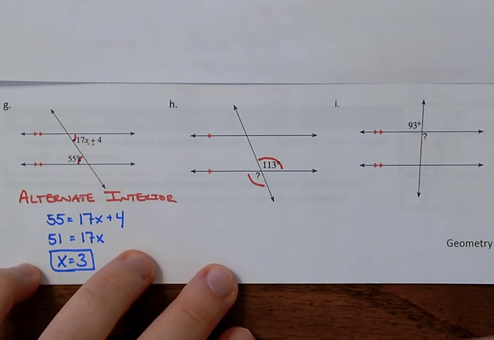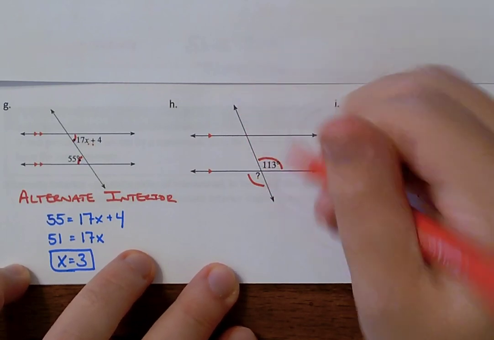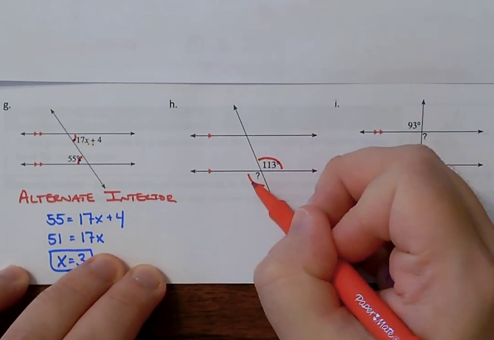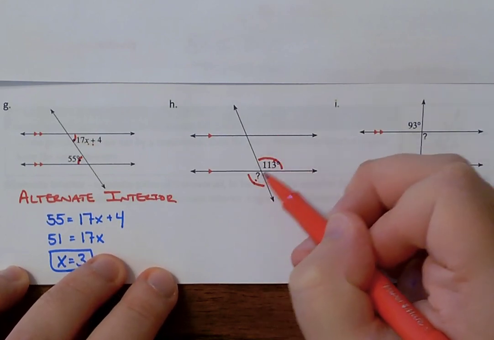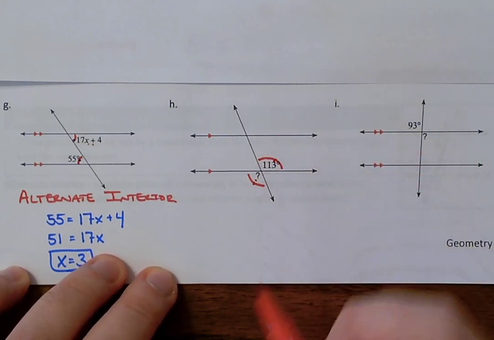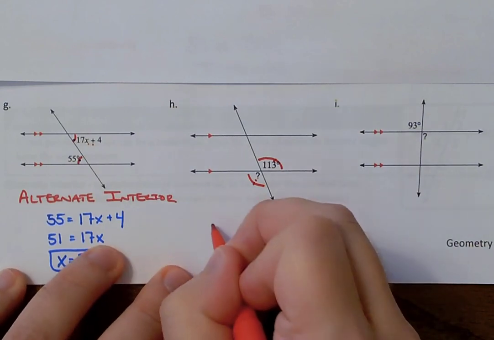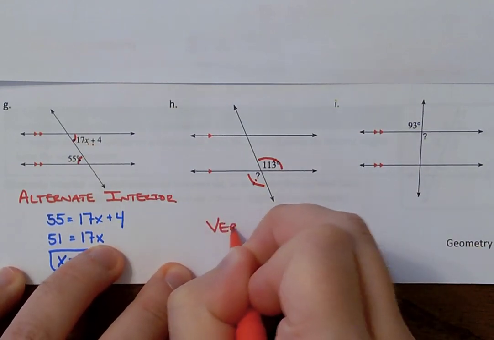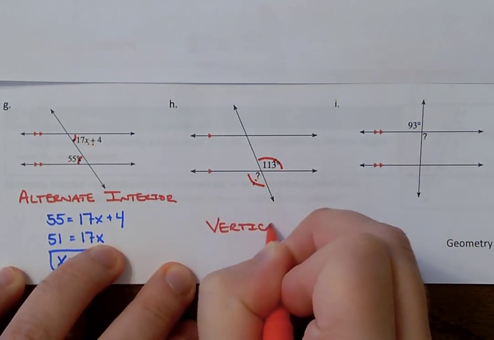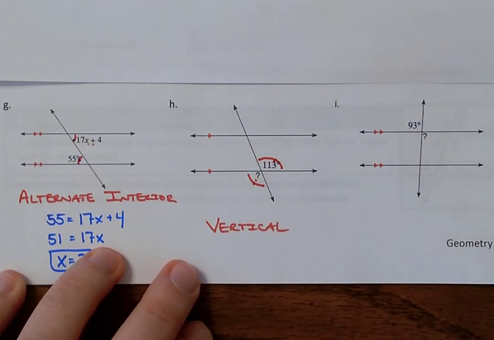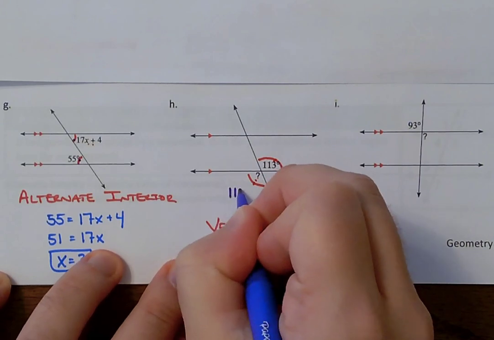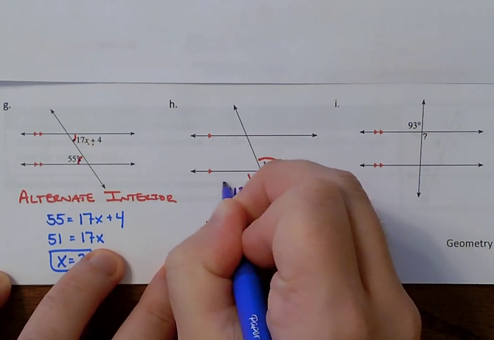They are vertical angles because I have two straight lines that cross and opposite angles are congruent. So anytime that you're dealing with opposite angles, they are congruent to each other and they are referred to as vertical angles. So because they are vertical angles, that means that this is 113 degrees.